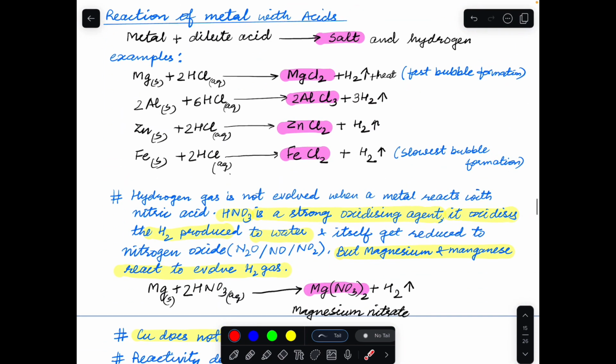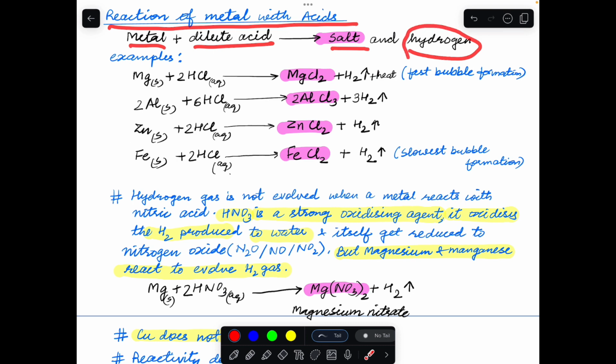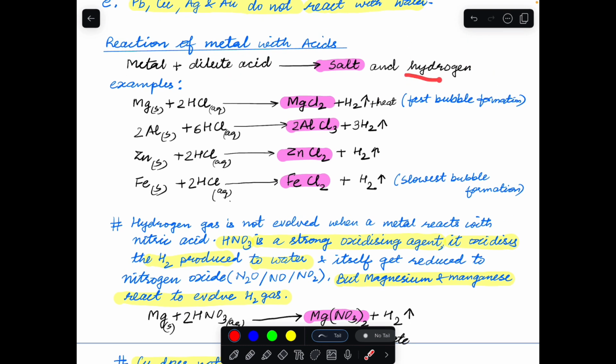Next reaction, reaction of metal with acid. Metals react with dilute acid to give salt, and hydrogen gas is liberated. This hydrogen gas is liberated in the form of bubbles. On the basis of the intensity of bubbles and how fast bubbles are formed, we can tell how reactive the metal is.